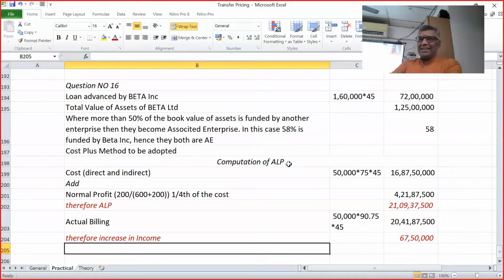You're stuck with resale price, but okay. Cost தான் கொடுத்துட்டானே 600 200 200.